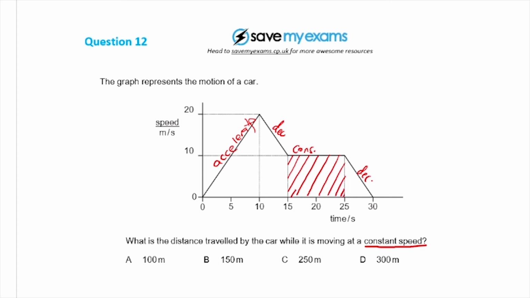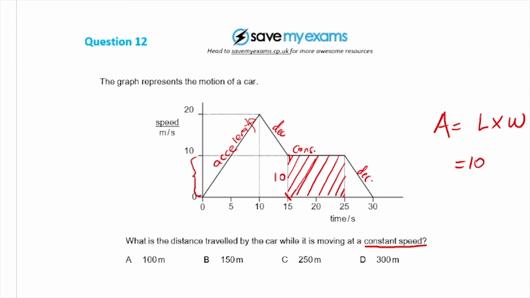After identifying the part where it's moving at constant speed, all we have to do is to find the area under that graph. And the shape of the graph is more like a rectangle. So we know that the area under that graph is length times width. We know that the length here, for example, here to there is 10.